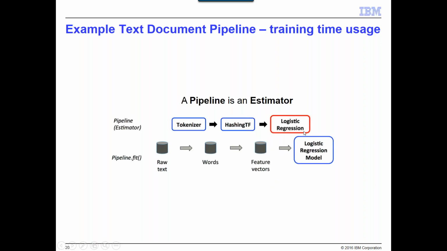The estimator we're using is logistic regression for classification, and the output that we get out of this is a logistic regression model. So we create our pipeline, and the way that you enable all that, and you'll see this in the demo, is there's a method called fit, and you're going to fit on the particular data that you're trying to learn the model with. In most cases, it'll be your training data.